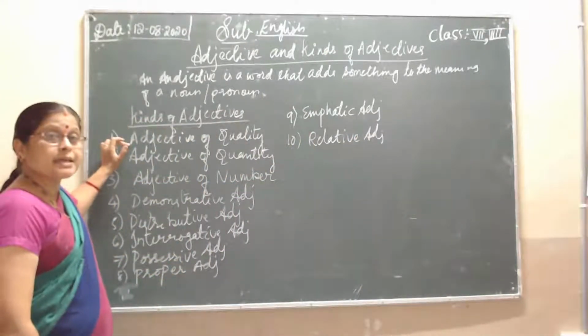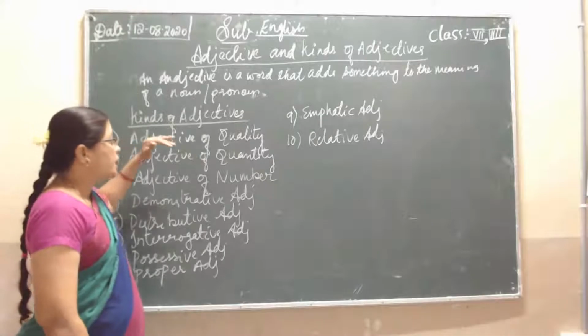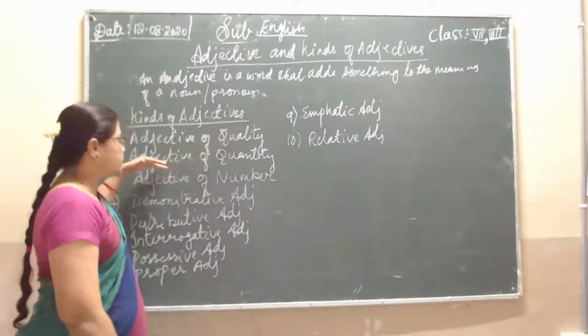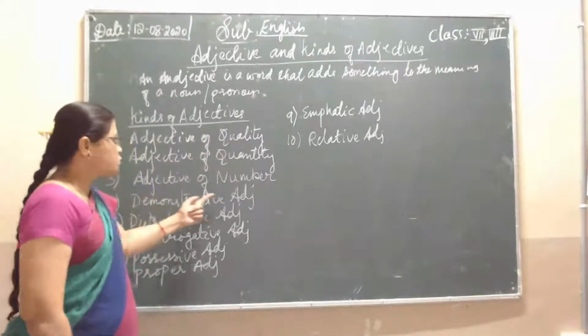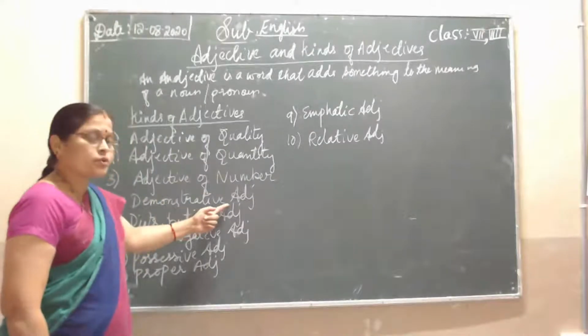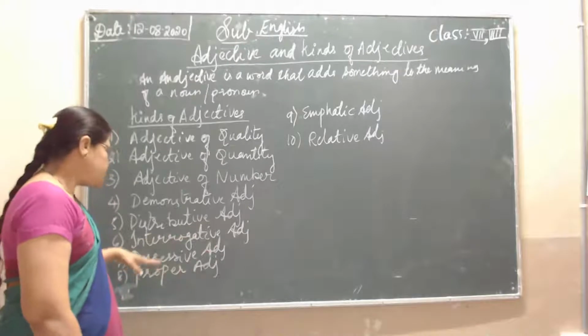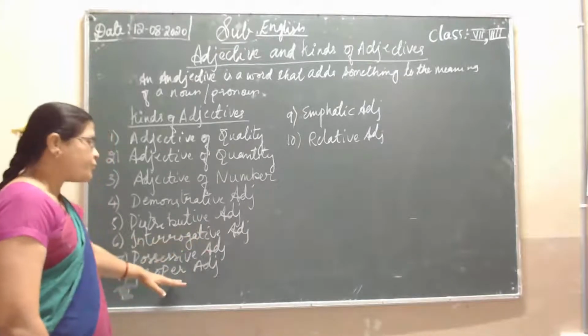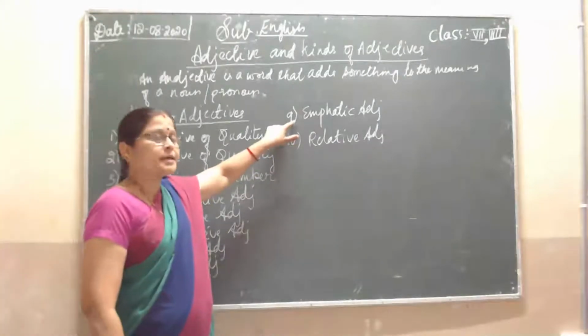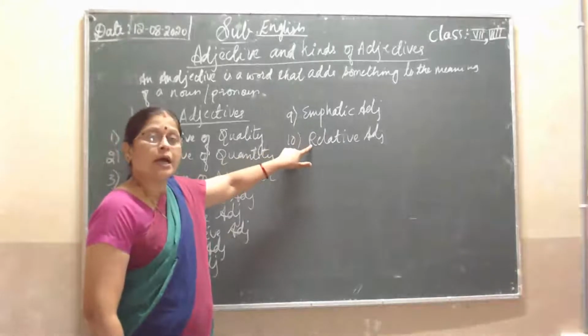There are 10 kinds of adjectives: adjective of quality, adjective of quantity, adjective of number, demonstrative adjective, distributive adjective, interrogative adjective, possessive adjective, proper adjective, emphatic adjective, and relative adjective.